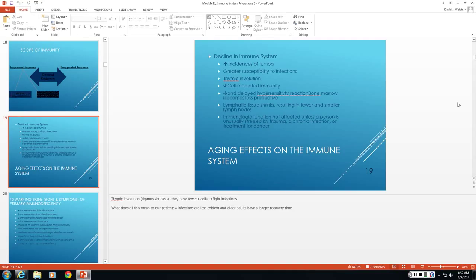So, what you're going to see is that infections in older people are going to be less evident, and it's going to take older folks a longer recovery time to fight back from having an infection.